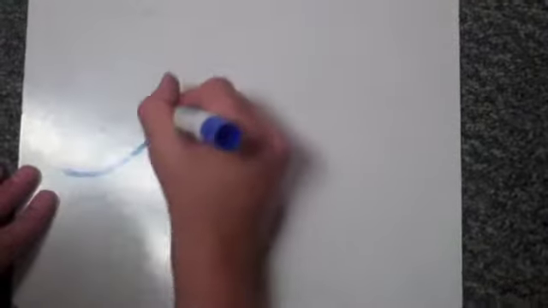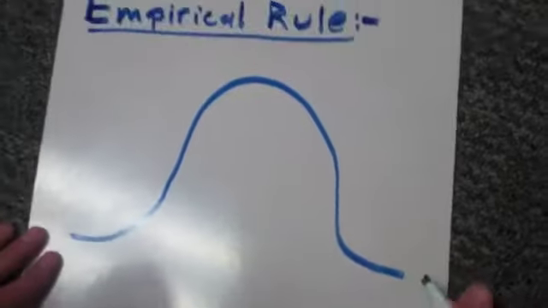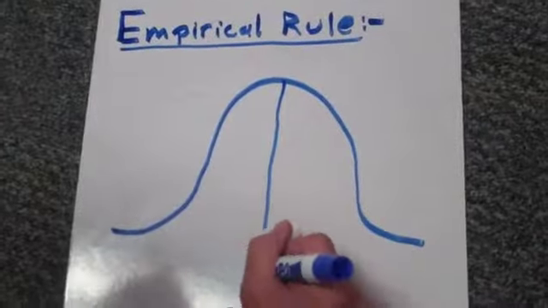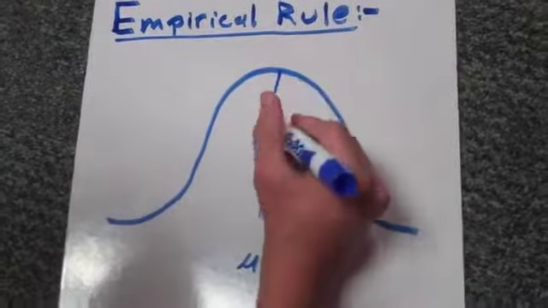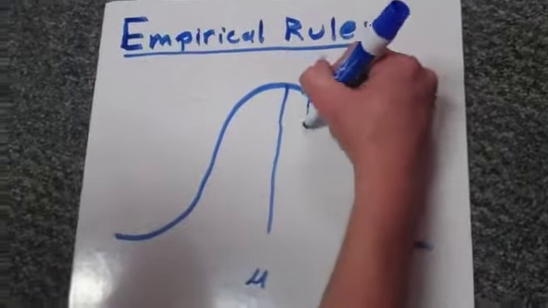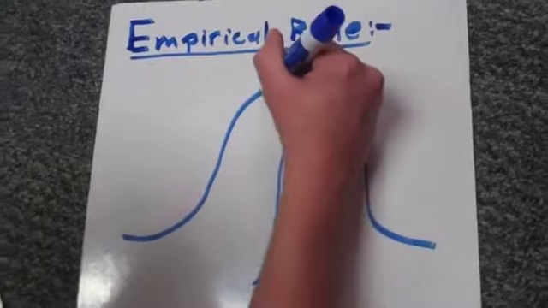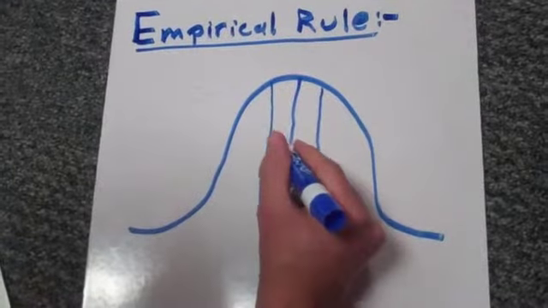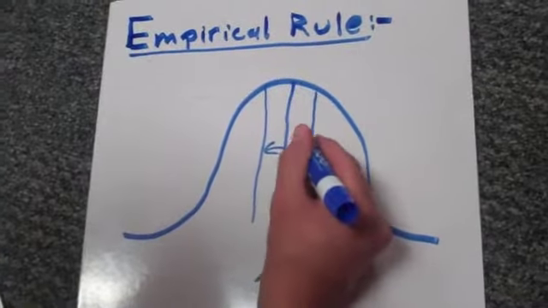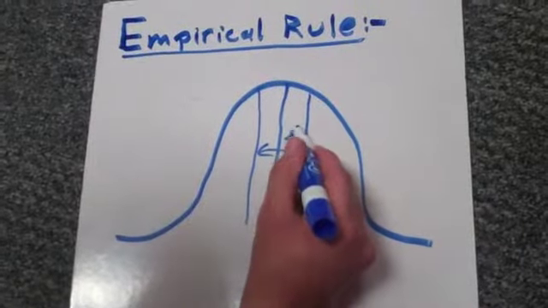So let's look at this in another bell curve. We have our normal curve right here, with this being our mu. Now, here and here, we are 1 standard deviation away from the mean. And how much is that?